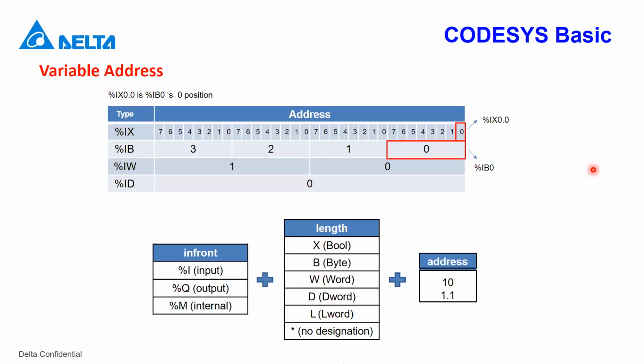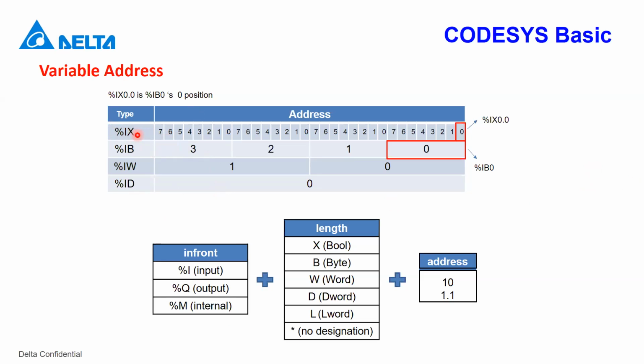And coming to variable addresses. If you already use Delta DVP MC, like the 15 or 50 MC, you might already know about this. Basically, we start from the bit device.